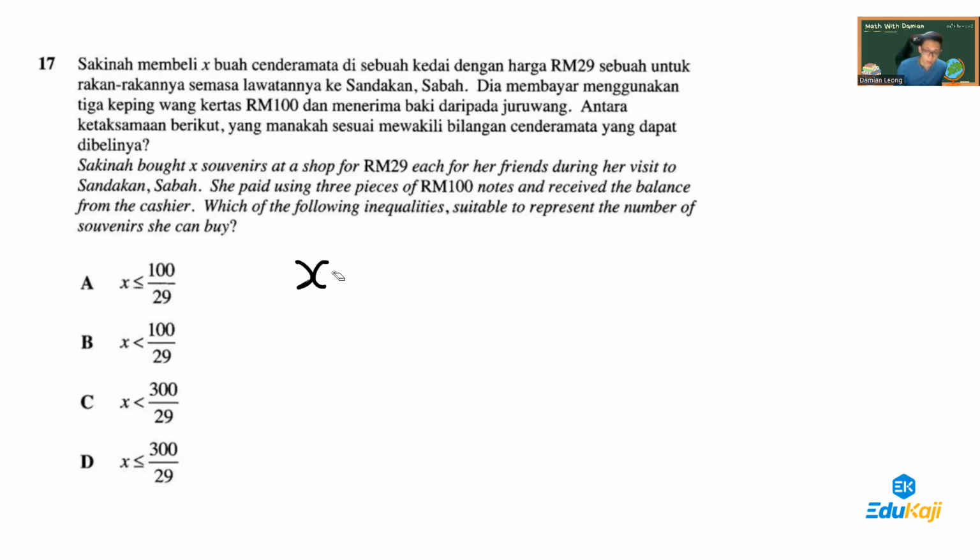Basically, I take 100 ringgit divide by 29. It cannot be any more than that, so it can be less than or equal to that. So answer is A. Oh, sorry, my mistake. 300, because 3 pieces of 100 ringgit. So answer is D.